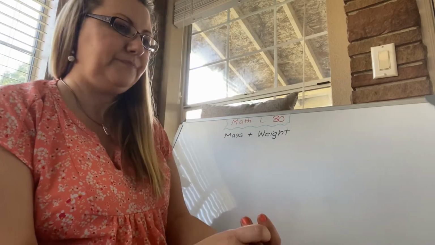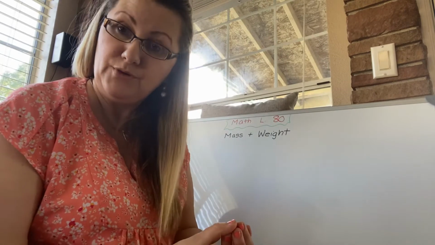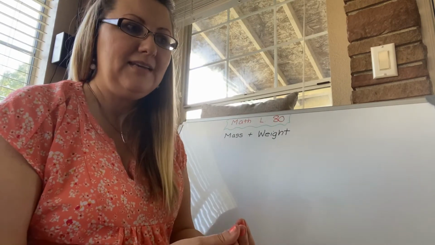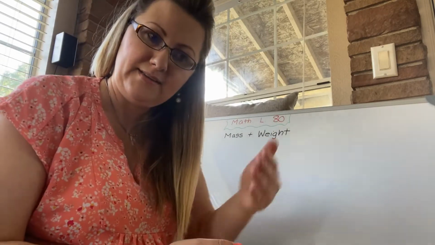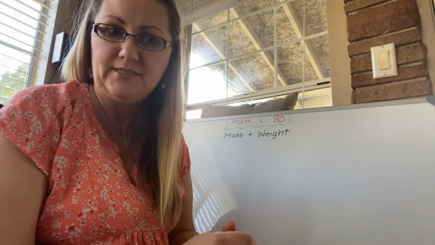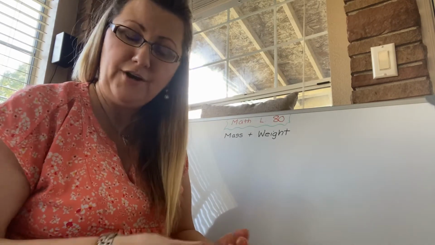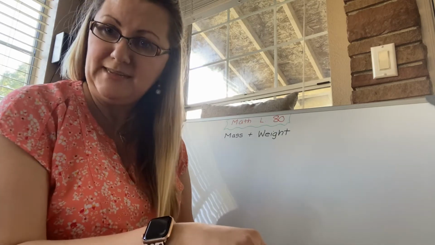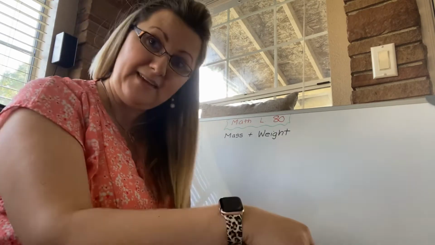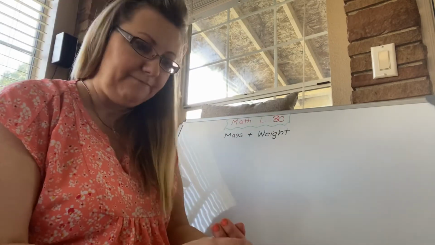Well, the pull of gravity on the moon is about 1/6 of the pull of gravity that we have on the Earth. So basically whatever your weight is, if you were 60 pounds, divide that by 6 on the moon and you would weigh only 10 pounds.